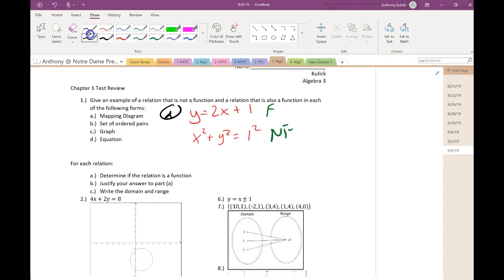So that was kind of the example that we used over and over again in the notes, the graph of a circle. Yes, sir. Of course. Anybody with more questions on 1? Yep. So that was parts A, B, C, and D.